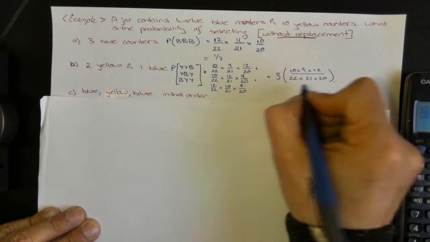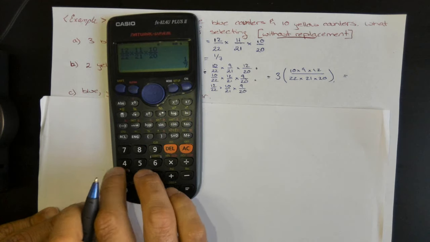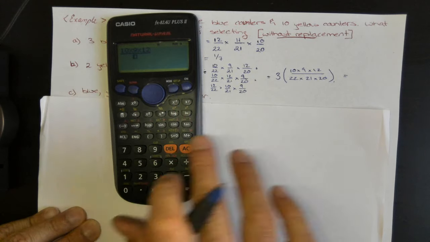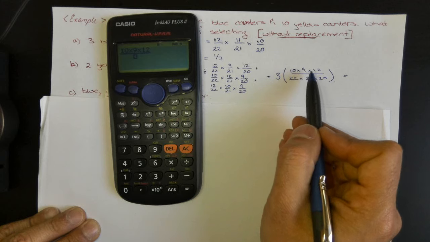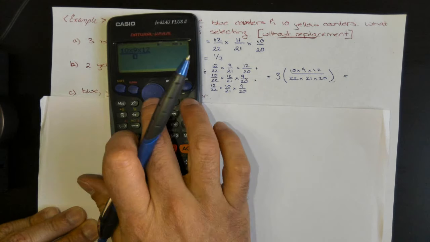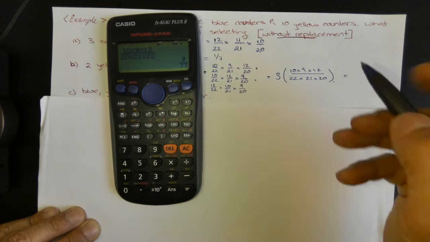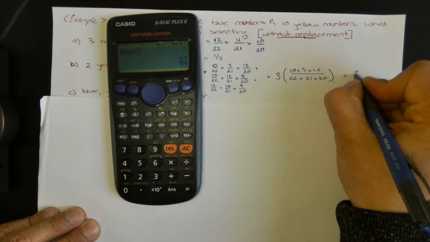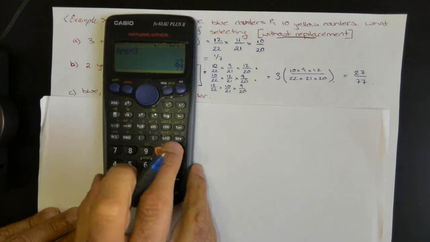So the solution: if I did 10, 9, and 12, it doesn't matter because 10 times 9 is the same as 9 times 10, or 9 times 12 is the same as 12 times 9. It doesn't matter the order that you do. Over 20, 21, 22. So I times that by 3, I get the probability of 27 over 77.